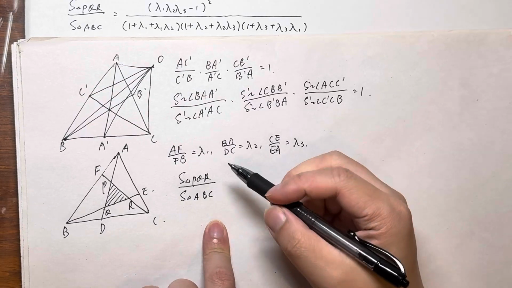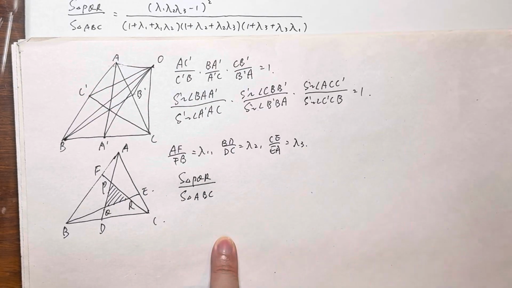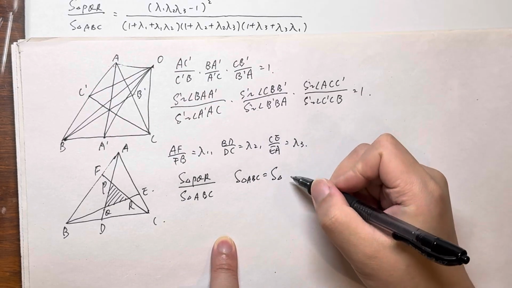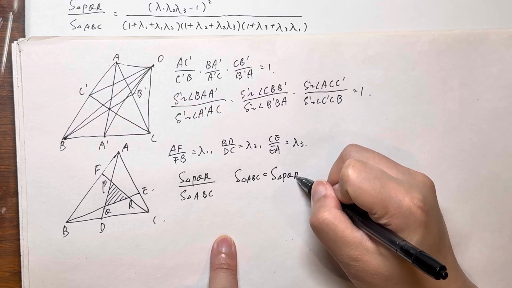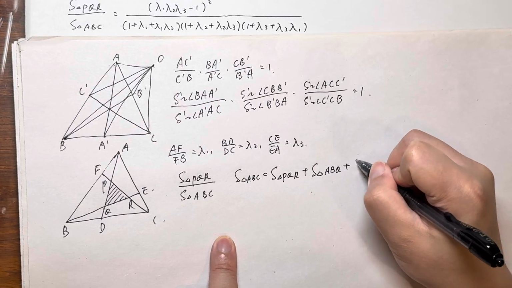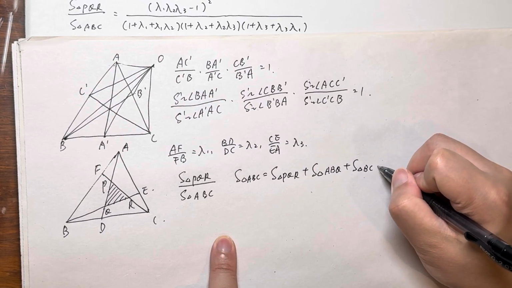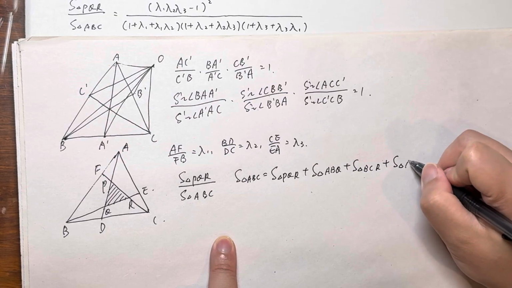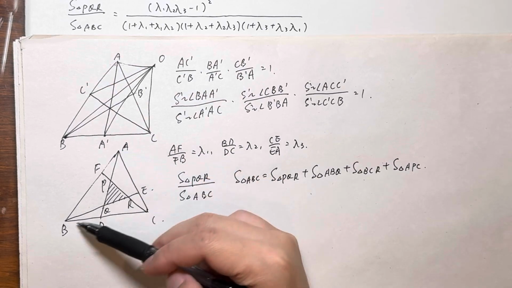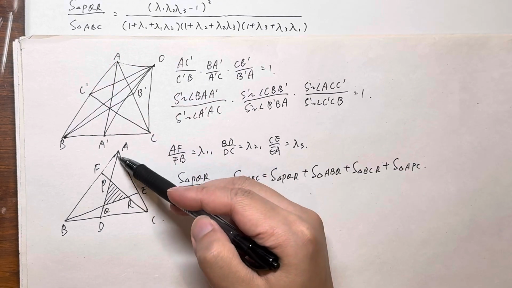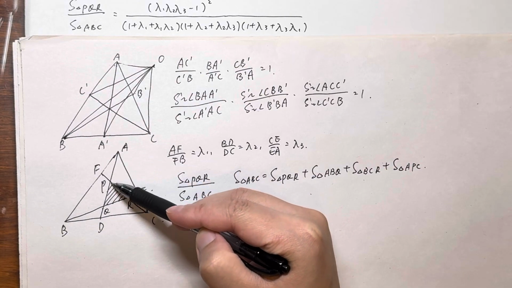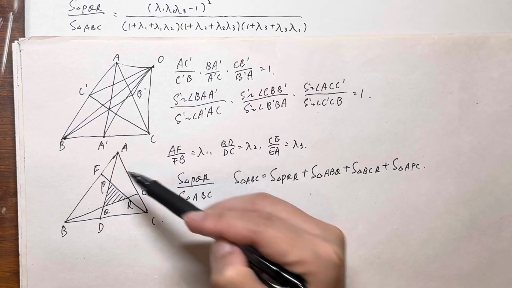So just look at this figure. We know that the area of triangle ABC equals the area of triangle PQR plus the area of triangle ABQ plus the area of triangle BCR plus the area of triangle APC, right? Triangle ABC equals this one plus this one plus this one plus this one.